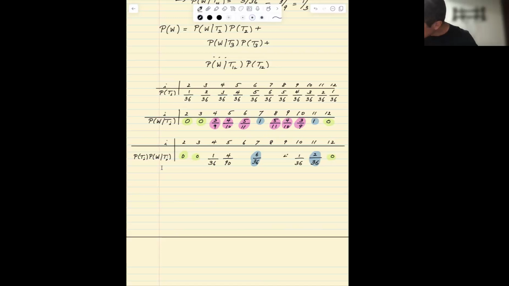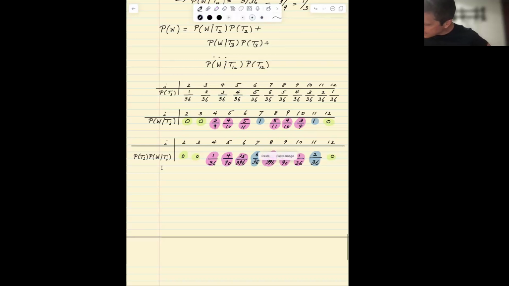I think this should be right. And this one's not a great number, but 25 over 396. That's right. That's where these are coming from.